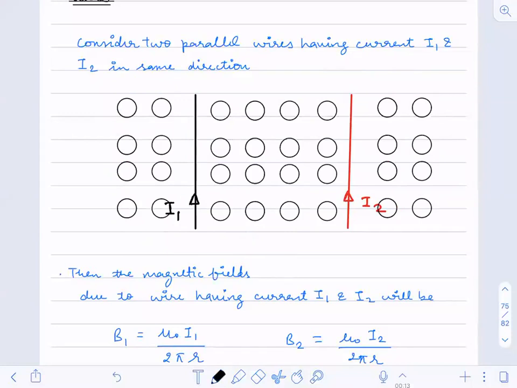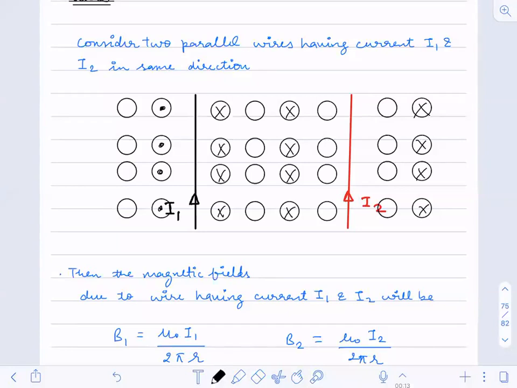So due to this black colored wire, you will have a magnetic field which will be inward to the screen in this region, on the right hand side of the wire. On the left hand side of the wire, it will be outward to the screen. Correct?